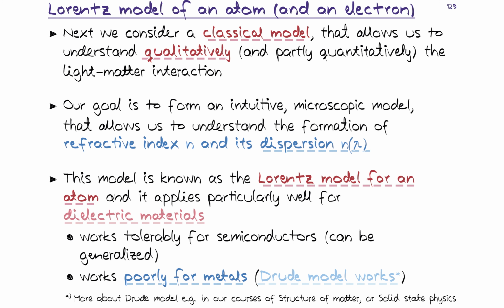And then, of course, in the course of solid-state physics, we will be dealing more with the Drude model. So this is for you to acknowledge where we will be treating this extension, or where we could extend our materials to also be suitable for metals.